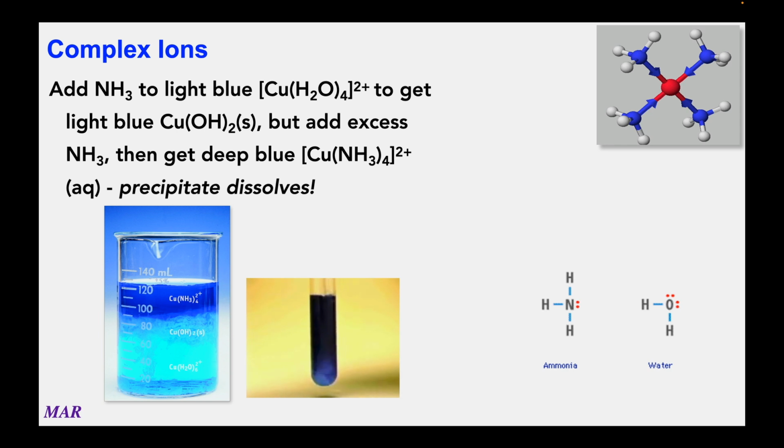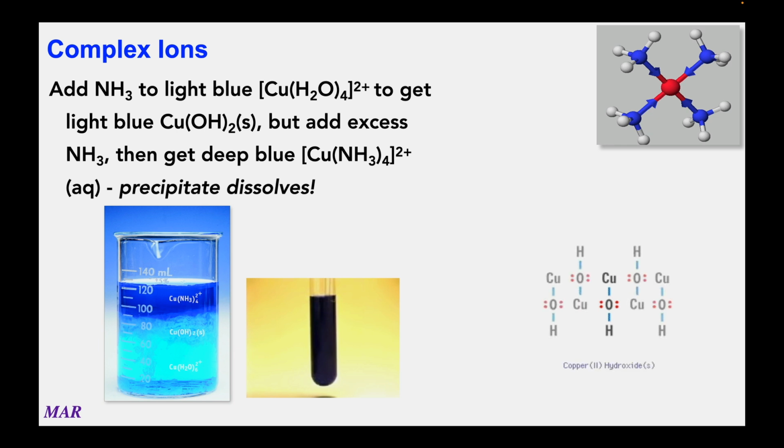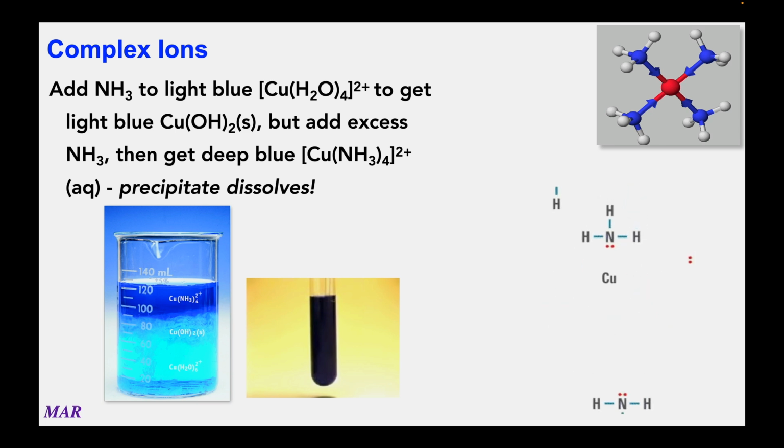The ammonia has donated its electrons to the copper ion, and so now acts as a Lewis base. Ammonia is a Bronsted base and produces hydroxide ion in solution that can lead to formation of solid copper 2 hydroxide. With additional ammonia, a Lewis acid-base reaction occurs.